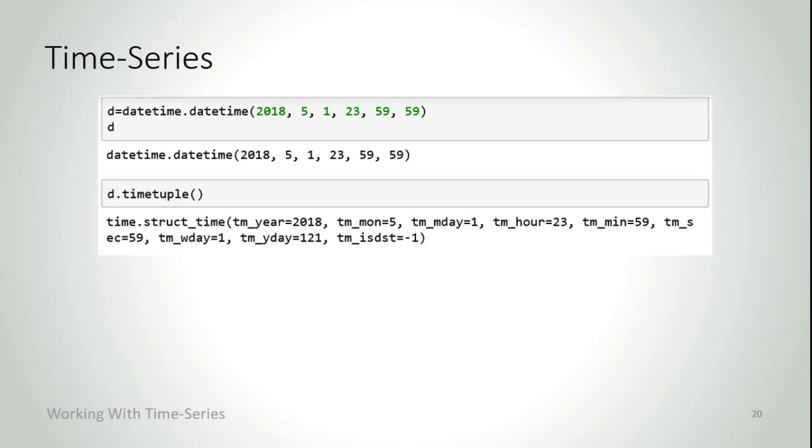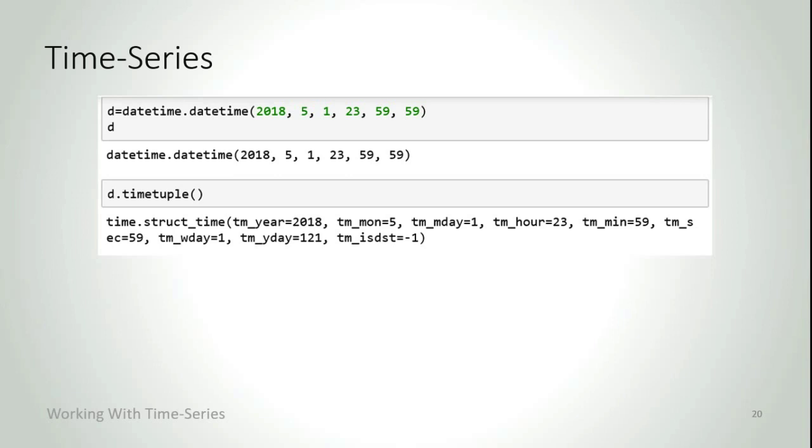The function, it's not a function actually; it's a method of date type class. Time tuple gives you something called structured time, which has all this information of the time and date in a structured format, like year, month, which day of month, hour, minute, second, weekday, year day.